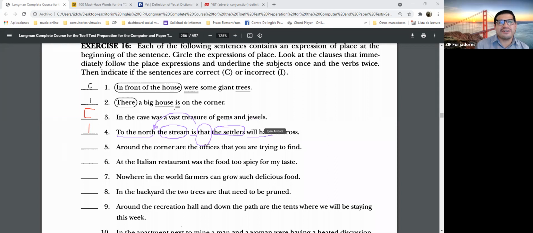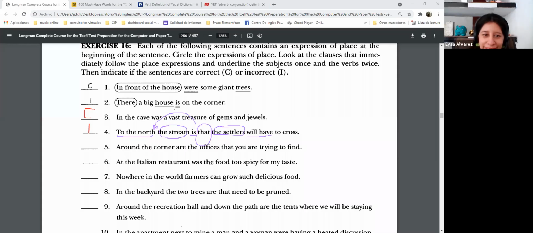No, it's just in the first one. Just remember, after the prepositional phrase, after the place expression. Okay. Very good.